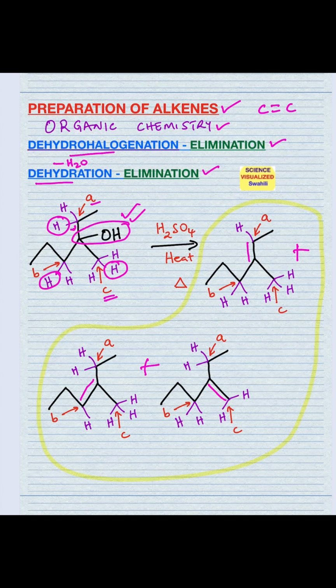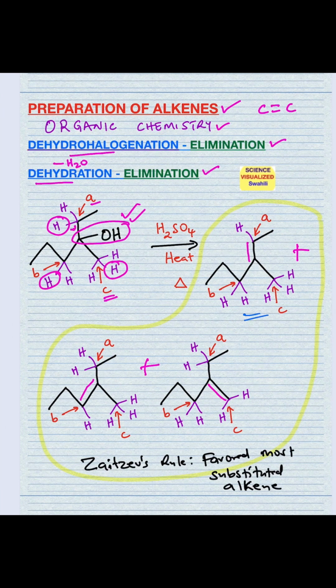Using Zaitsev's rule, which states that the favored product, that's the major product, is the most substituted alkene. That means the alkene that has the highest number of alkyl groups around the double bond. So if we look at the first product here, we see that the double bond is right there.